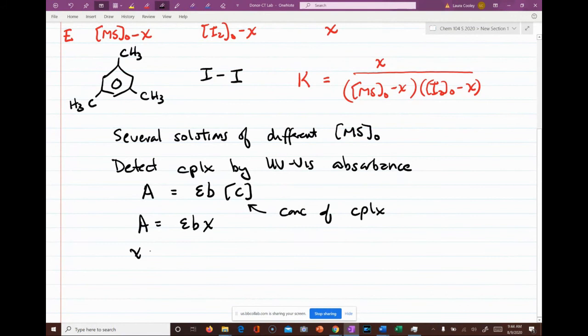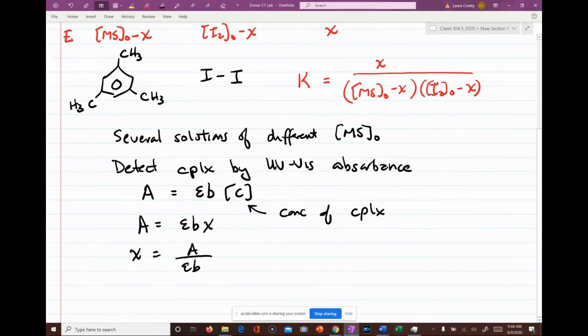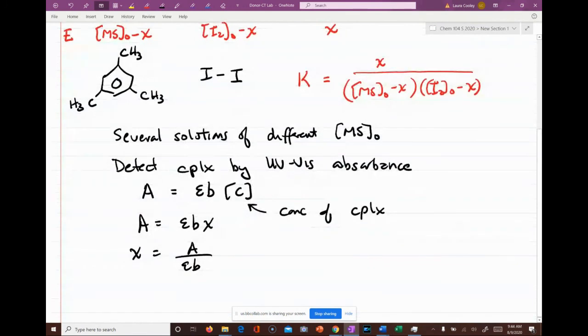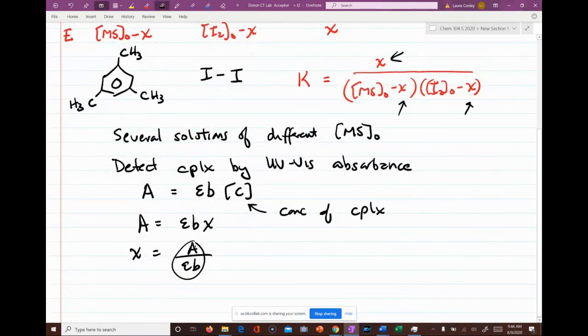So that means X is A over epsilon b. And so what I'm going to do is plug in that for X here, here, and here, except I don't need to plug it in here. So first I'm going to talk a little bit more about this guy here, MS0 minus X.